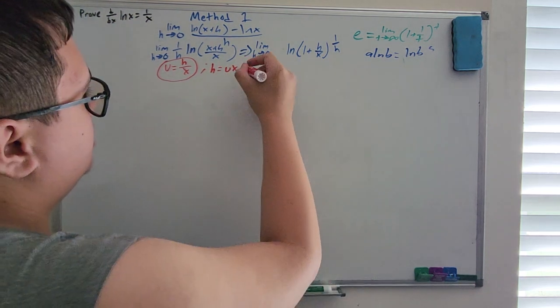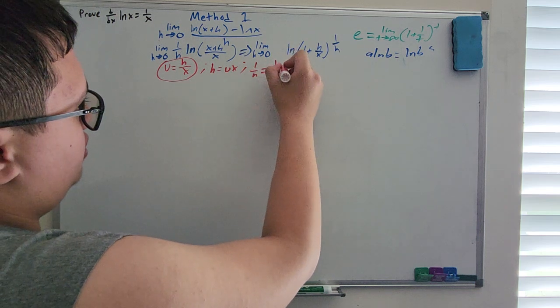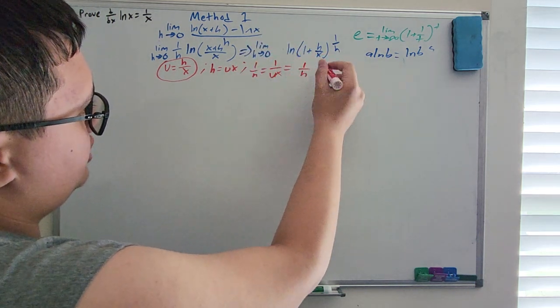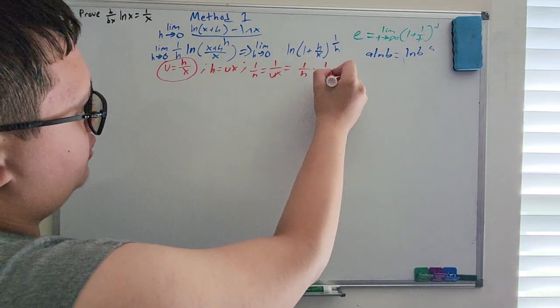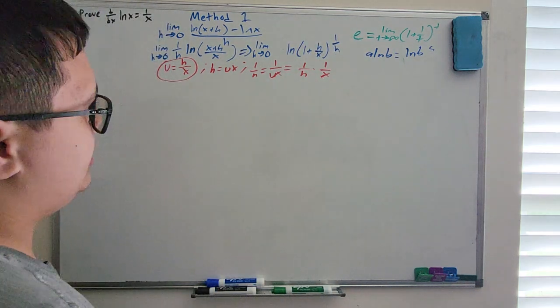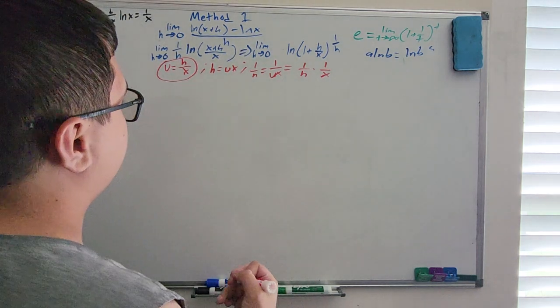Basic algebra. 1 over h equals 1 over u times x, right? Which is also equal to 1 over u times 1 over x, right? That's pretty important. So when we put it into the u form, that'll be very important to use.